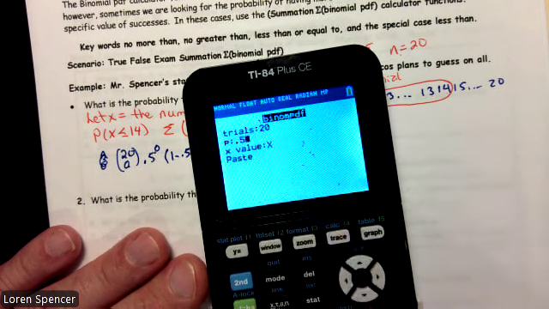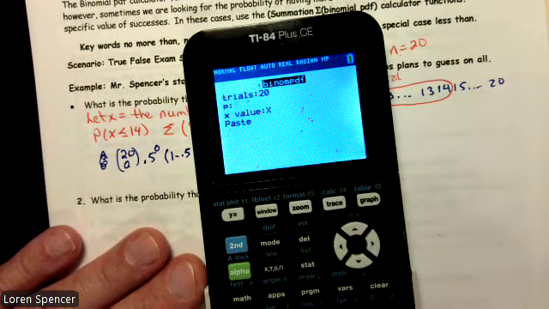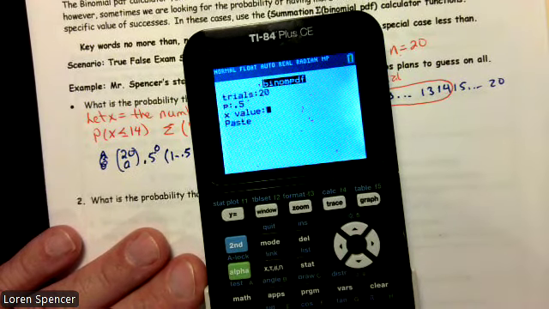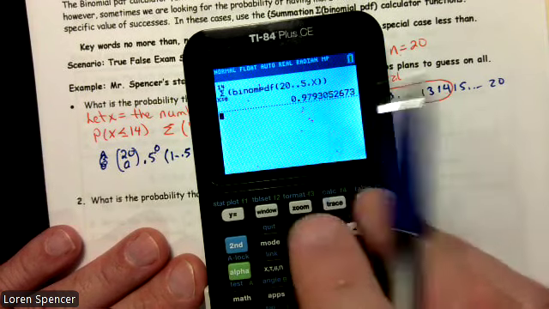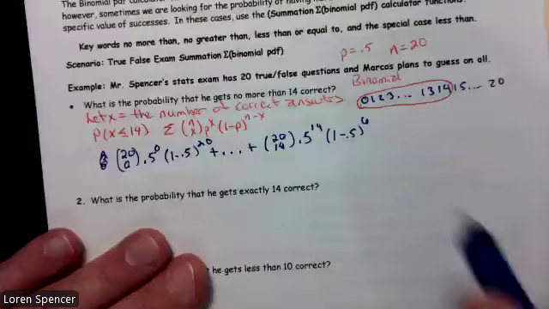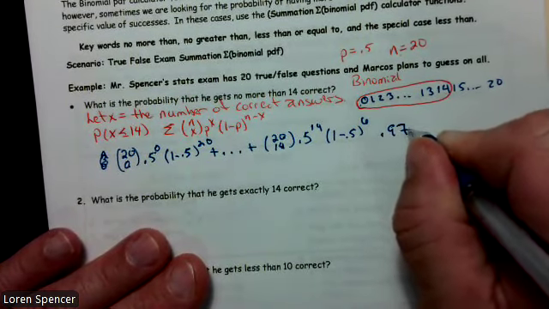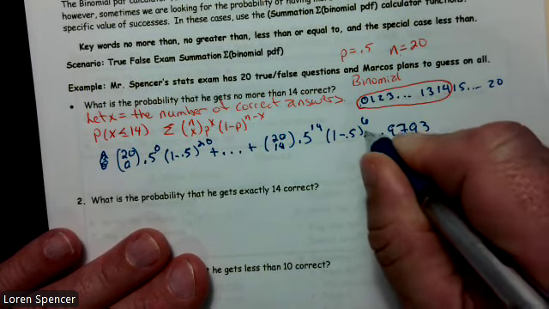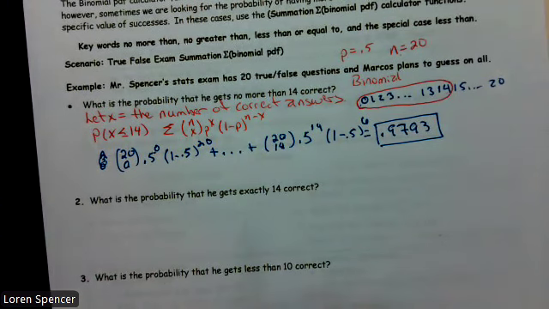And we want to make sure we have X, and X is this button right here. Enter, then press X. And I end up getting 0.9793. So there's about a 98% chance that he gets 14 questions or less correct.